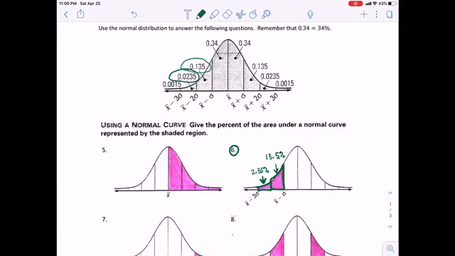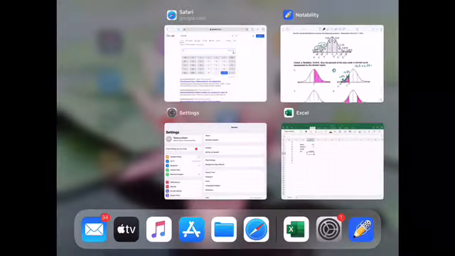So if I want to know how much is in both of them, I'm going to add my percentages together. So I have 13.5% plus 2.35%. And you can go ahead and do that on your own if you want, but I'm going to type it into my calculator.